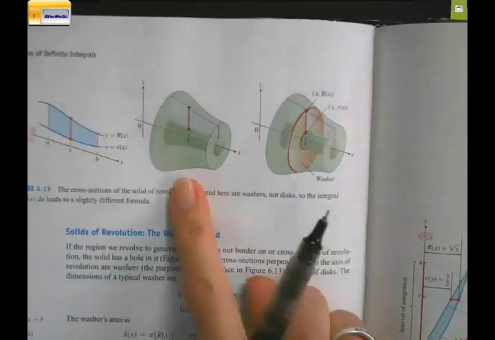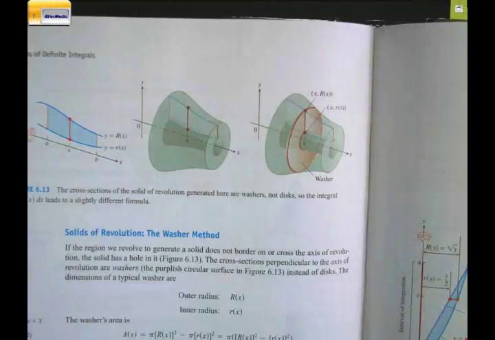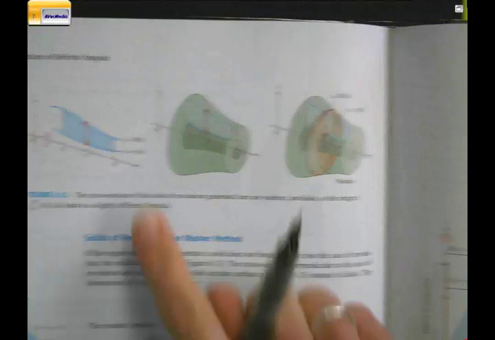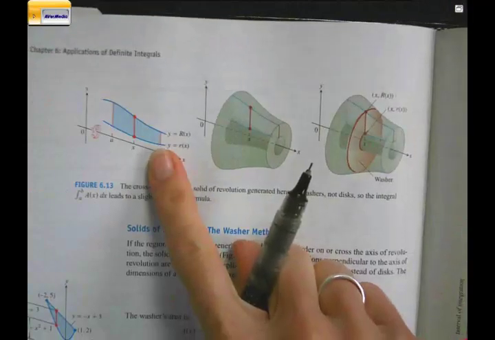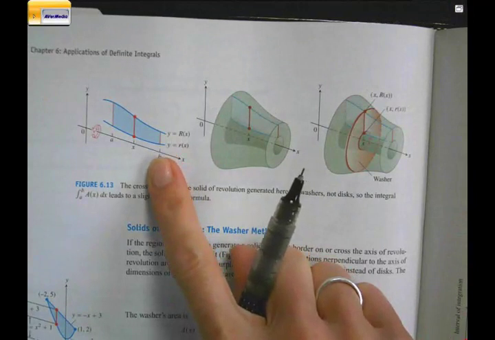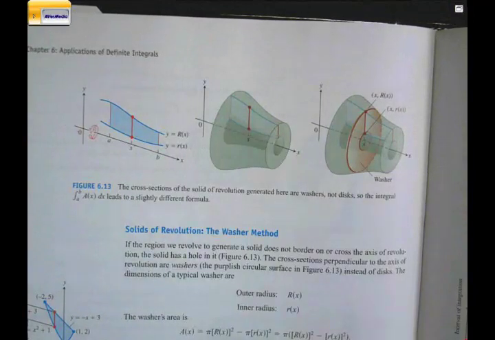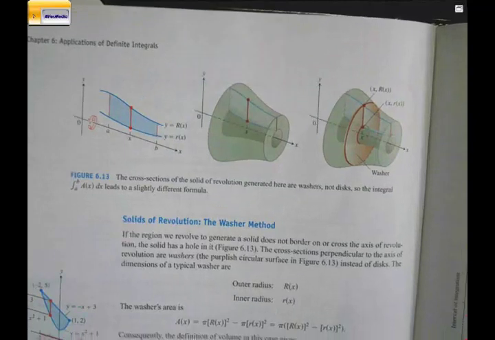We just did an example like this, but here they're putting the hole down the middle, making it hollow. It's a washer instead of a disc. So you're looking at two curves like this. The area between the two curves spun around an axis will leave a hole down the middle, leave it hollow. That's a pretty good diagram.